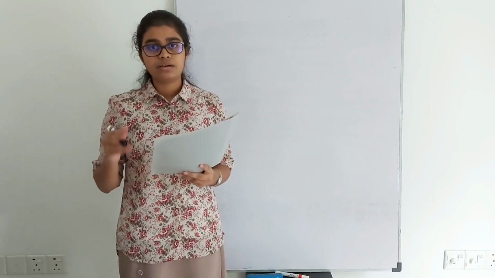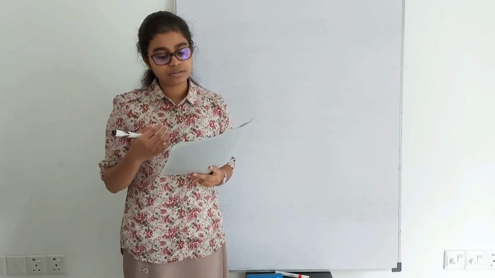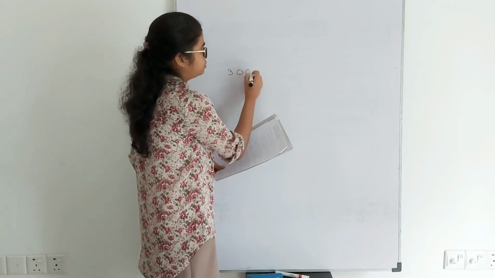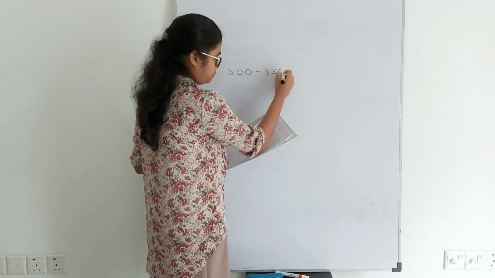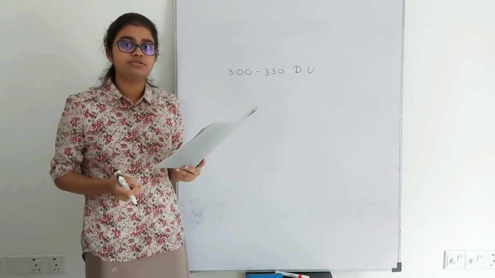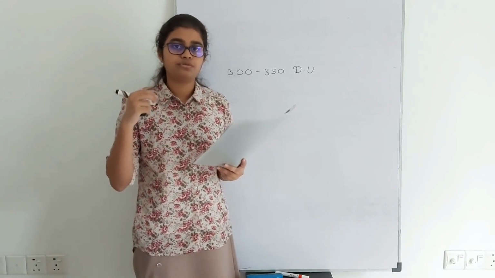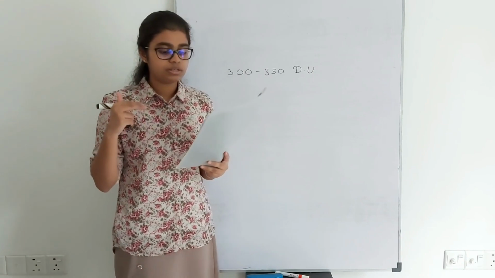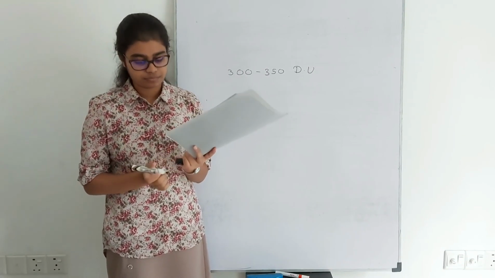They said that the concentration of ozone in the stratosphere remains relatively constant, and it is 300 to 350 Dobson units. This is a unit used to measure the concentration of ozone in the atmosphere above a certain point on Earth's surface.